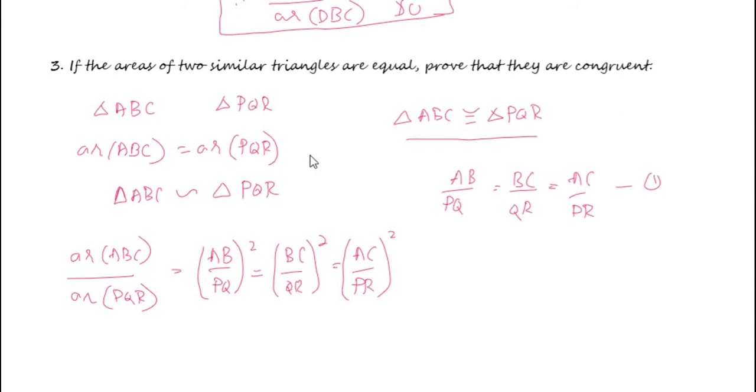The two areas are equal. So if you divide two equal quantities one by the other, then the answer will be 1. So this answer is 1 because area ABC and area PQR are the same.